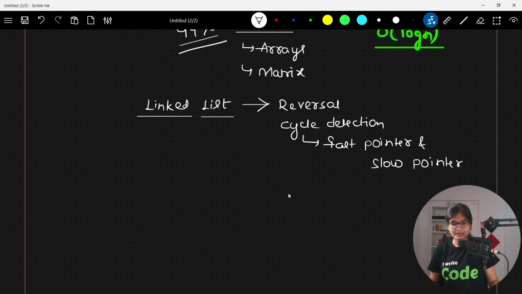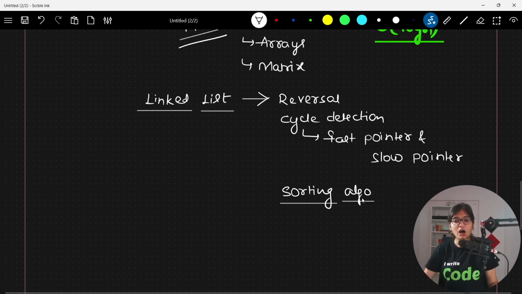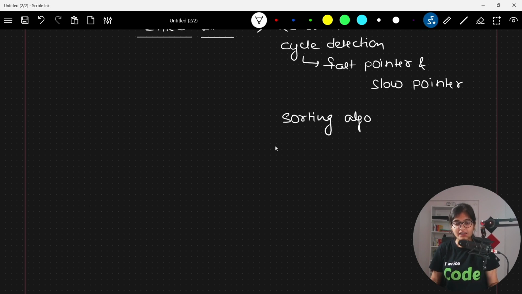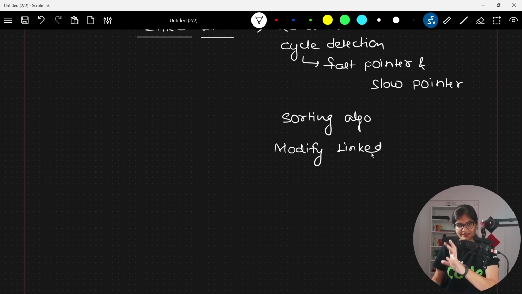Apart from that, whatever sorting algorithms we talked about above, can we apply those here, and if yes, how can we do that with a linked list? They can also talk about modification of a linked list. Can you modify the data inside the linked list?